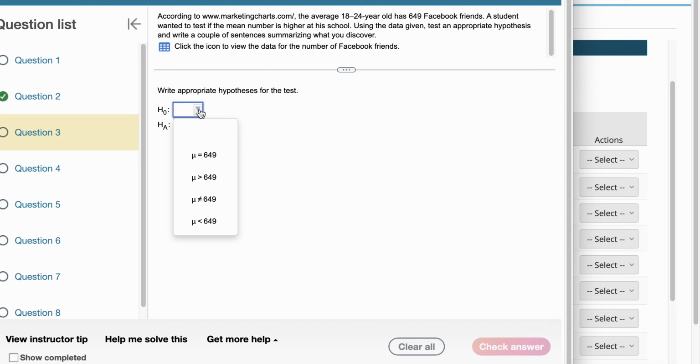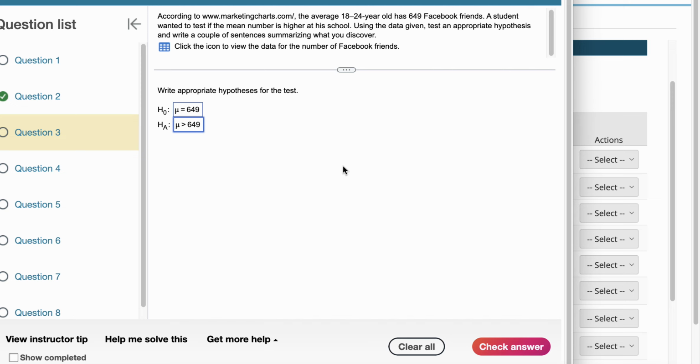And so the null hypothesis, what are we going to pick? You only pick the null hypothesis that has the equal to sign. A null hypothesis is nothing is happening. I'm not going to contradict the marketing professional. It always has an equal sign. And here comes the alternative, where the student is saying, I don't think that's true.